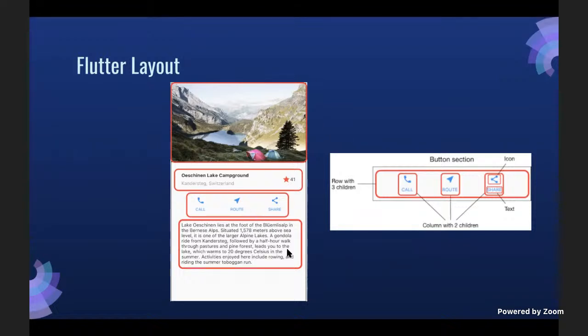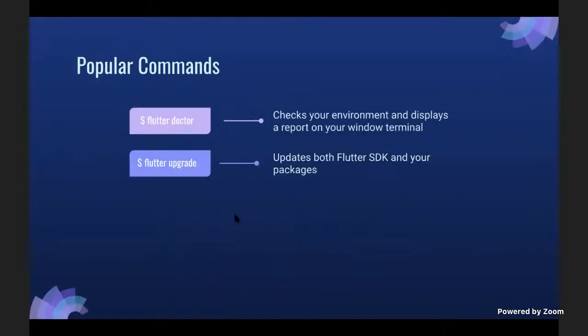All right. So what are the popular commands that we have in Flutter? There's something called Flutter Doctor, both on Windows machine or Mac. It allows you to check all the dependencies of your framework.